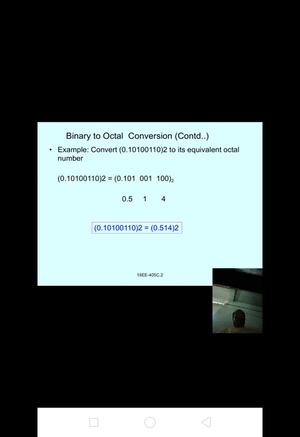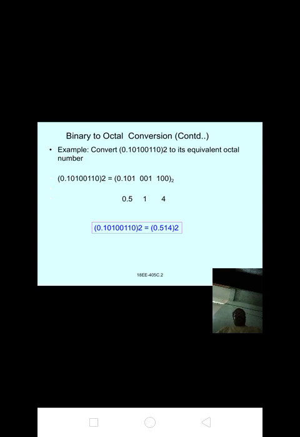Simple thing. Convert 0.10 base 2 to its equivalent octal number. Grouping into 3 bits, 0.101 001 100. Here I have added an extra 0. 101, we already know, is the value 5. 001 is the value 1. 100 is the value 4.